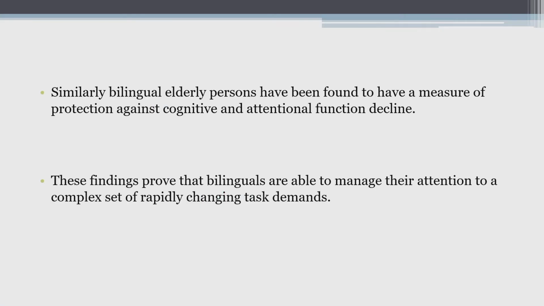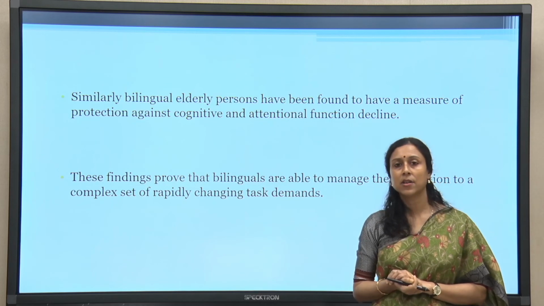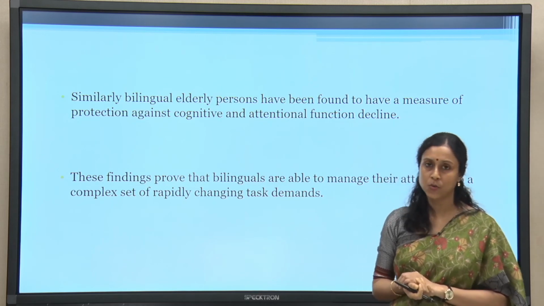Yet another domain, which is again very controversial, but some findings point to the fact that a bilingual person probably has an advantage over monolingual peers in terms of the onset of diseases like Alzheimer's and so on.